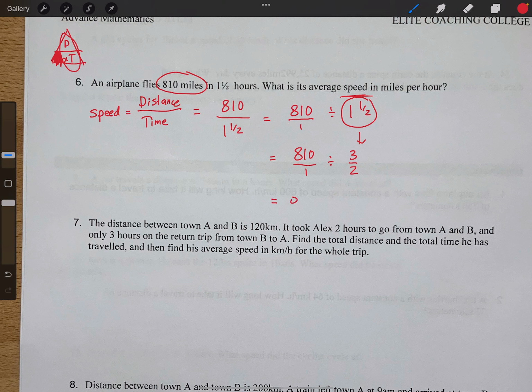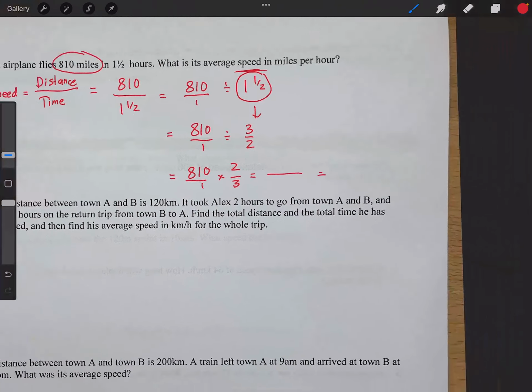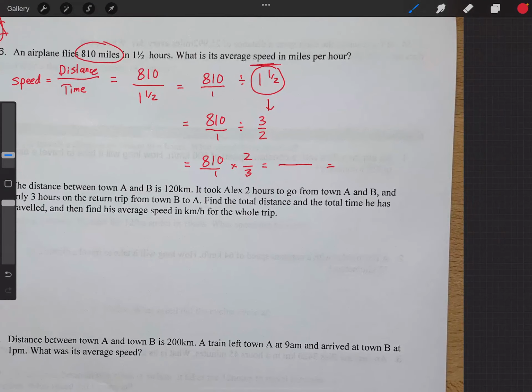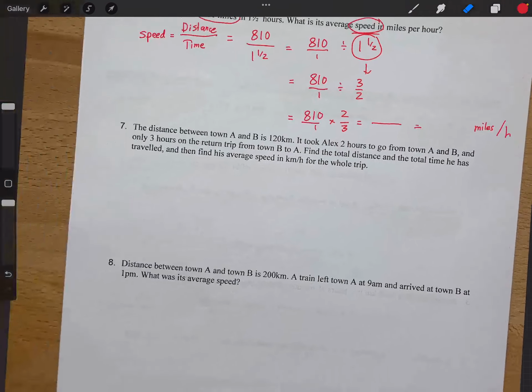So that will equal 810 over 1 times 2 over 3. Okay, so get the numbers, simplify it, and see what you get. The question asks what's the average speed? So speed will be in miles per hour. So whatever number you get here will be miles per hour, okay? I'll let you do that by yourself.